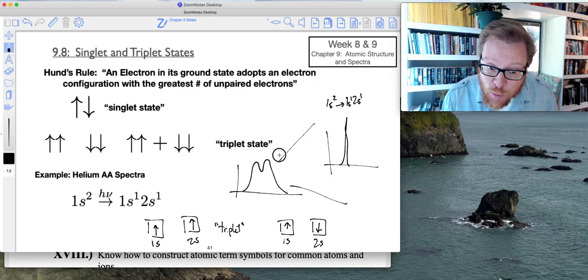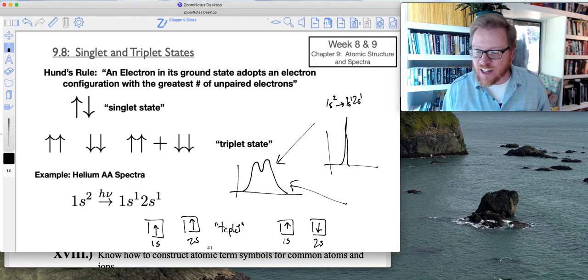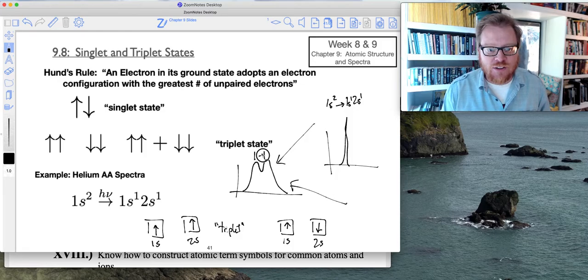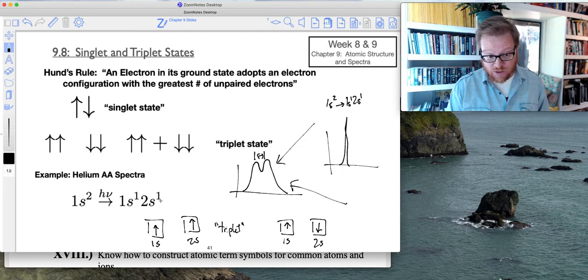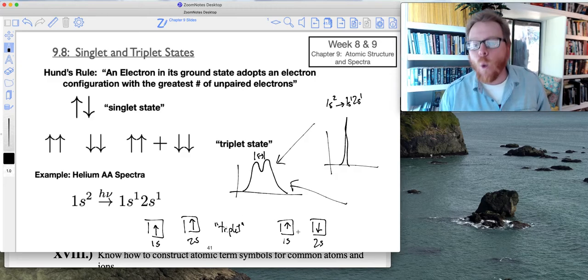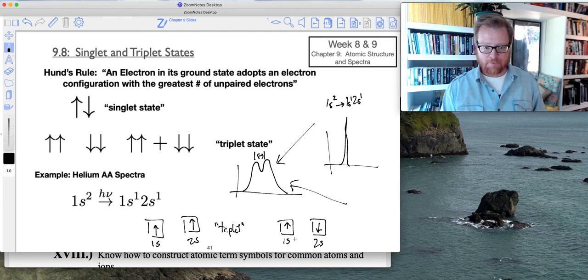But if I zoom way in on that, I would actually see that there is a doublet. That doublet is due to the fact that this 1s1, 2s1 could be a triplet, or it could be a singlet. So we could get transitions to either of those cases.